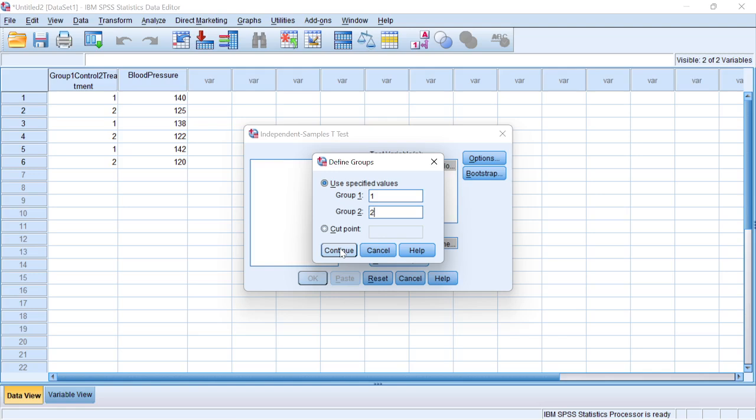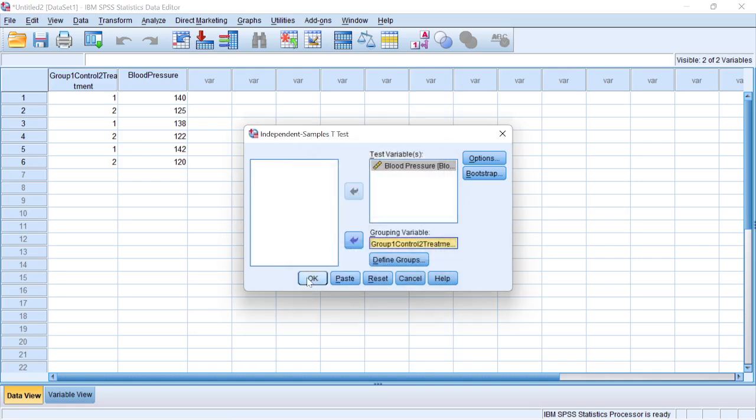Then I'll click on continue. Please don't forget the control is one, because I'll be showing you some principles in t-test that will make you know if there is a significant difference between the mean of the two groups. So I go to continue, then I'm going to click on OK.